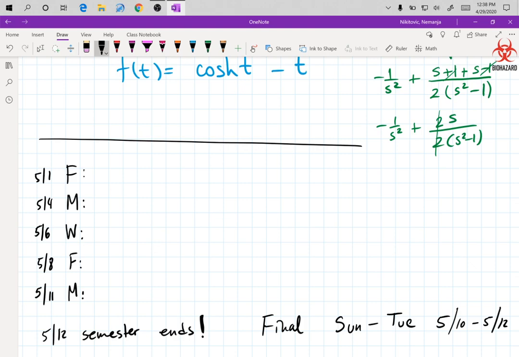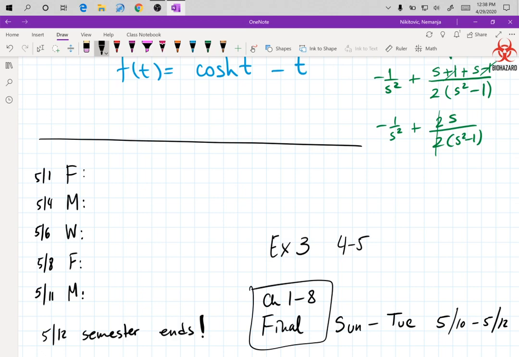Now, this is the final. So chapters 1 through 8, what we covered. So the final is everything, 1 through 8, what we covered. Exam 3 is sections 4 and 5.